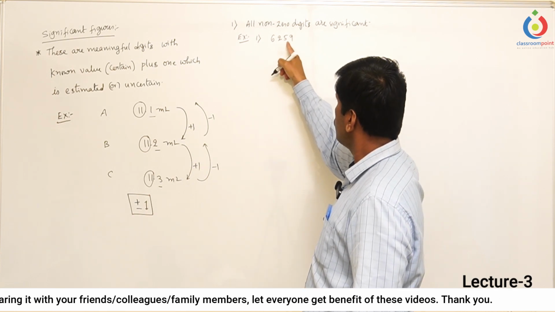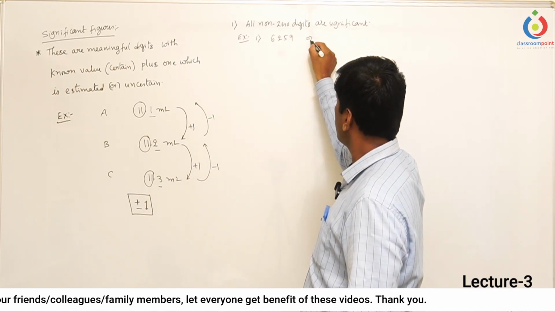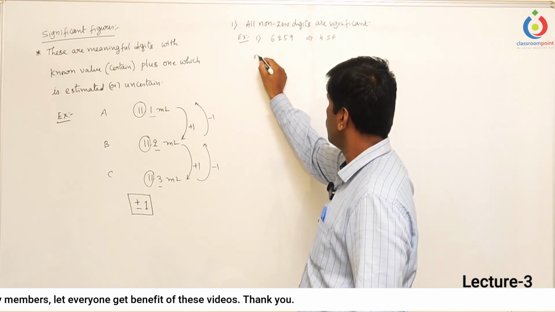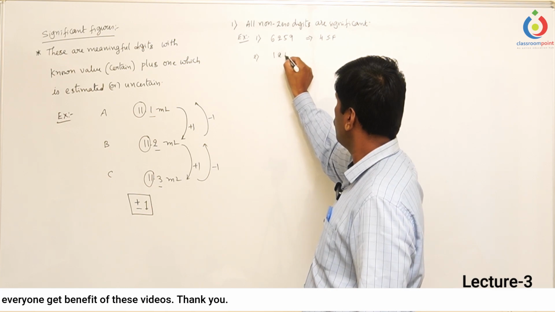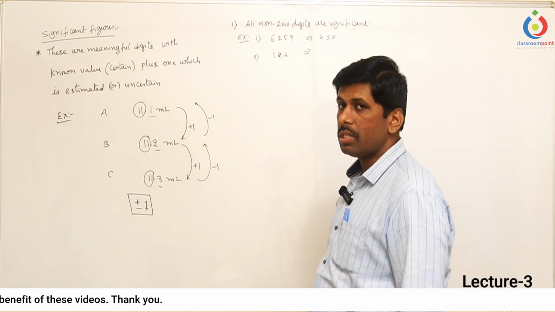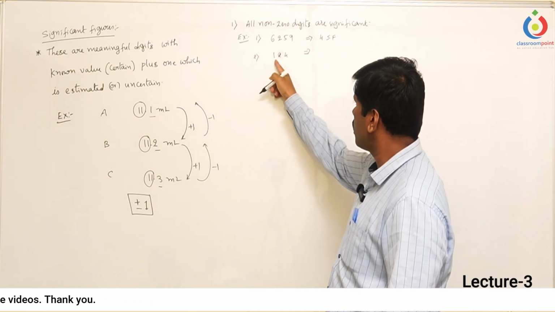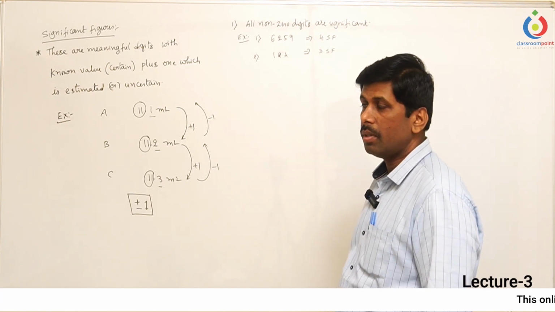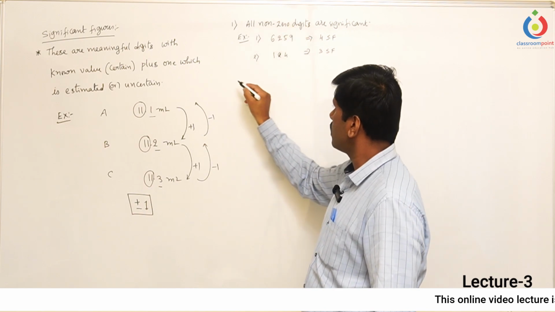These are all non-zero digits. So how many significant figures are there here? 4 significant figures are present. Next, 1, 2, 4. How many significant figures are there here again? All are non-zero digits only. So 3 significant figures are present. So all non-zero digits are significant.